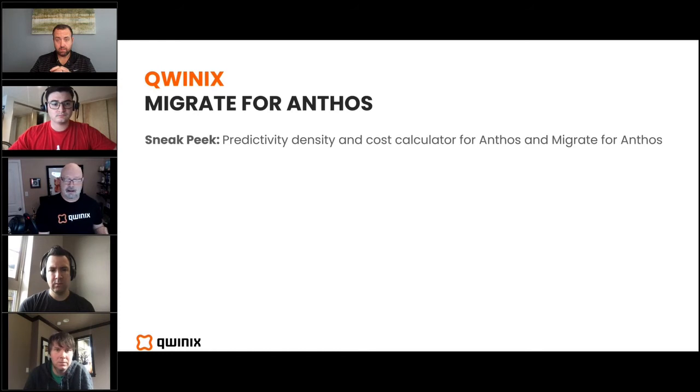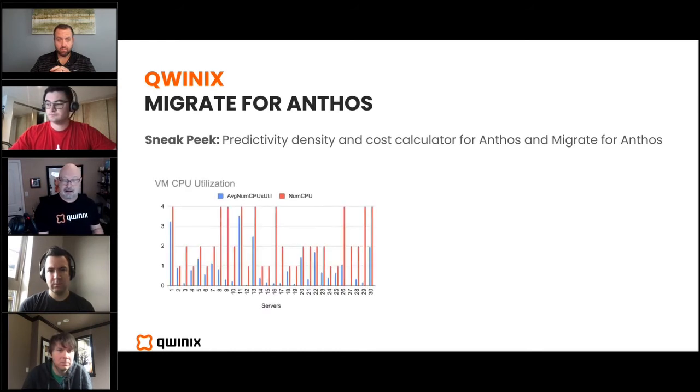So this is a tool we use, a density and cost calculator for Migrate. And you can see here, this is a graph of a typical number of 30 CPUs or 30 servers, VMs that you're running today, and how the utilization is really quite low on a lot of these. I just did an analysis for a customer this week where their average CPU utilization over 100 servers was under 7.5%, and it was even lower for memory.